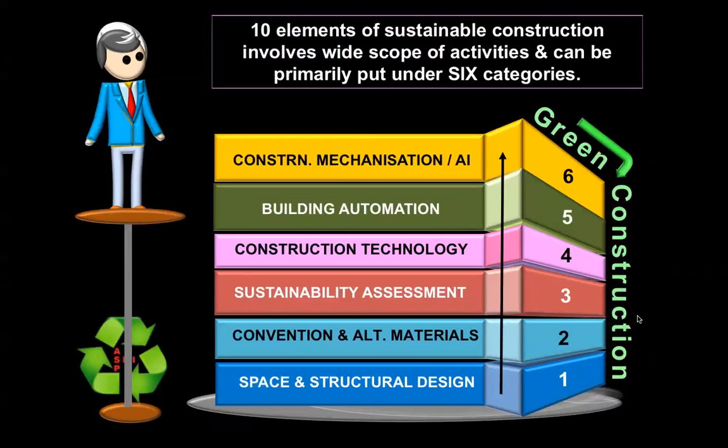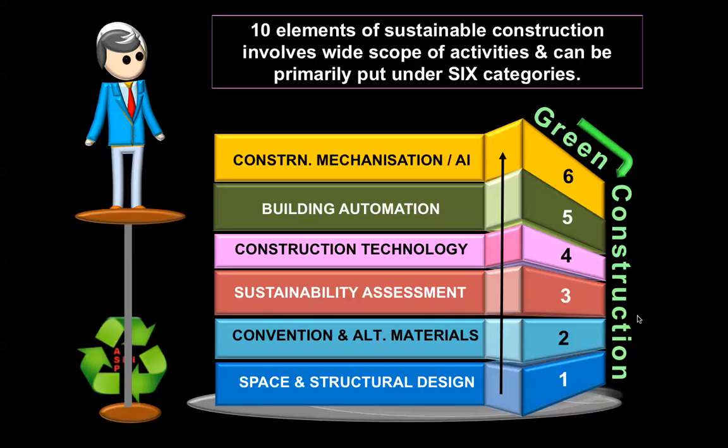All these can be classified as space and structural design. The second part is that we need to look into conventional and alternative materials, sustainability assessment, construction technology, building automation, construction mechanization, and artificial intelligence. All these aspects have to be taken into consideration.